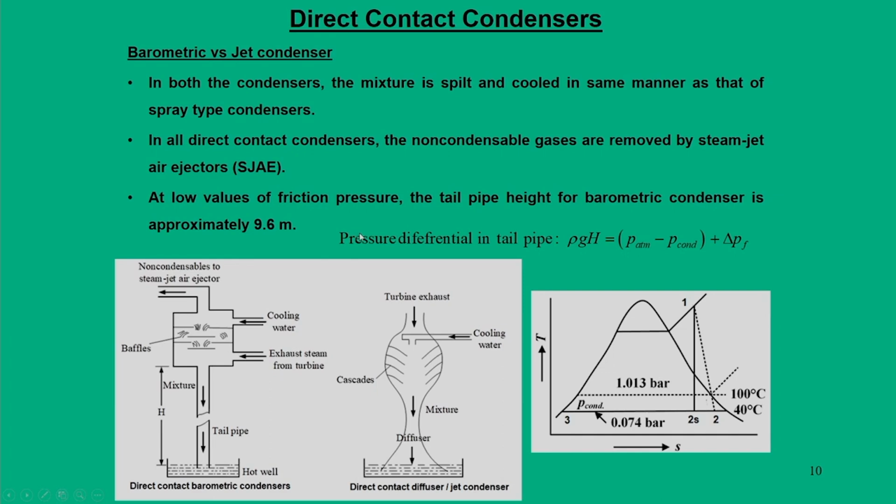Now, if you compare both barometric and jet type condensers, they are almost similar designs, but the basic difference is that the tailpipe requirement of a barometric condenser is not less than 10 meters. So, that length gets reduced if you go for a jet type of condenser.